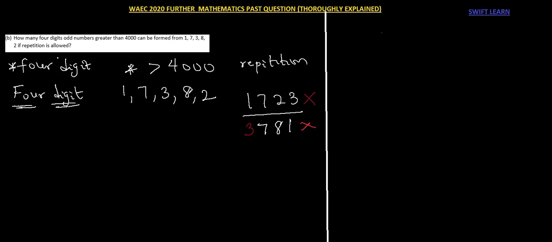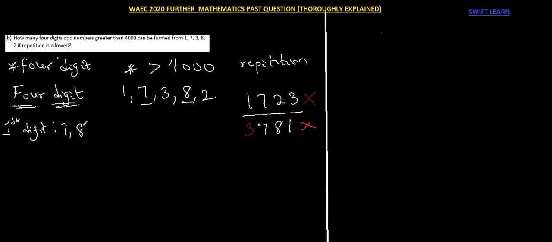So the only numbers that can start a number that will make this work are just 2 numbers, which are 7 and 8. When we are considering 4-digit numbers greater than 4,000, I can't use 2 to start, I can't use 3 to start, I can't use 1 to start, so I have to use either 7 or 8. So considering our first digit, we have only 2 ways.